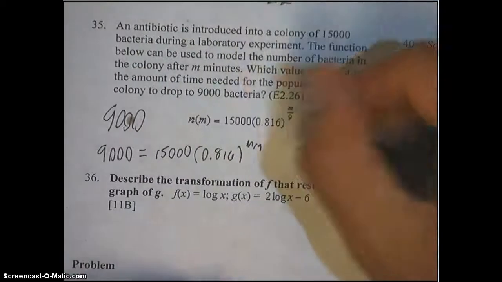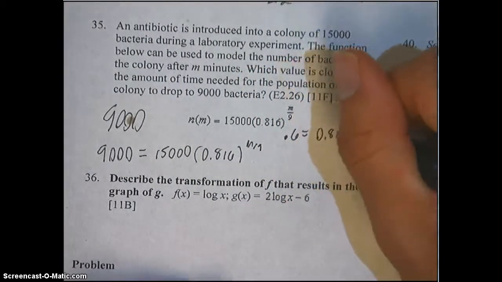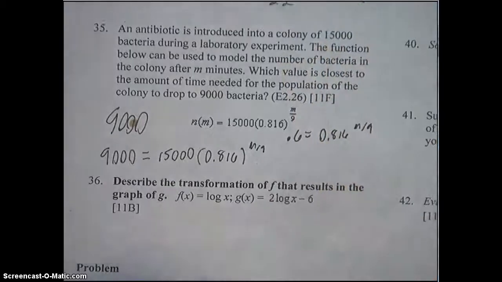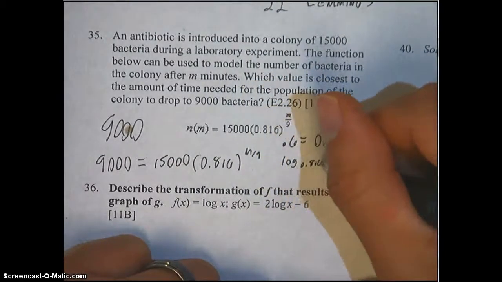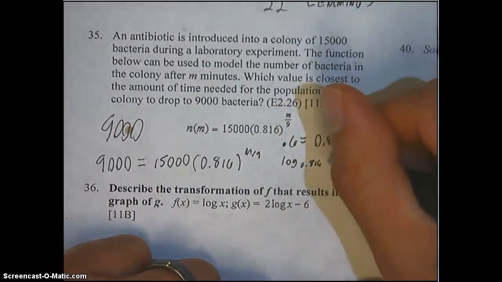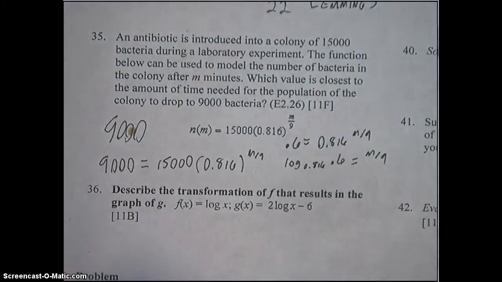So we've got 0.6 equals 0.816 to the m over 9 power. So we can use our change of base rules to write this as a logarithm. Log base 0.816 of 0.6 equals m over 9.